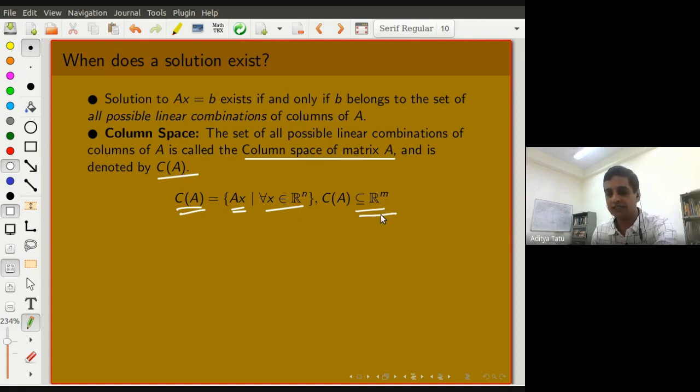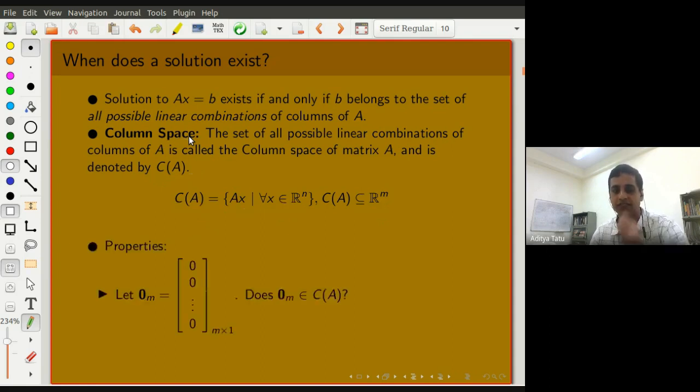Now let's try to justify the term space. Why not column set? Why column space? It has certain properties. So let's pick the zero vector.